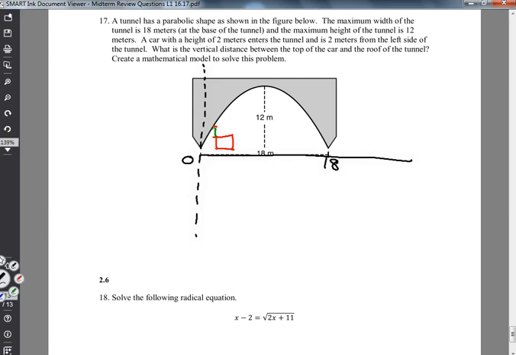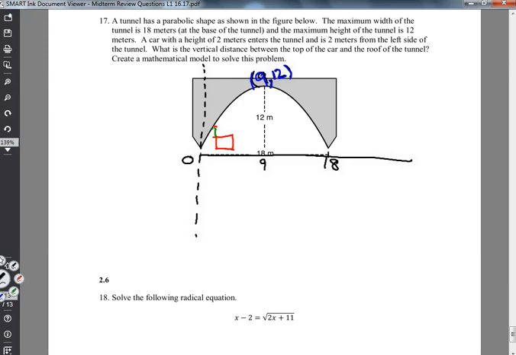And then if this is 18 meters wide, the middle will be 9. So this is going to be 9. And then it says that it is 12 meters high. So my vertex of the tunnel is 9, 12. So I think that's all the information I should need.